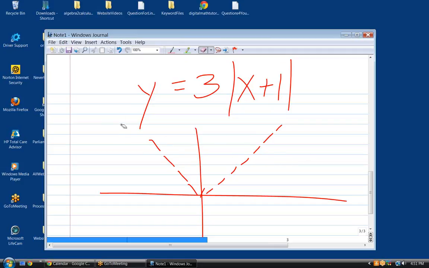Okay, so if I wanted to graph y equals absolute value of x plus 1, it would look exactly like the first one, only it would be shifted over 1 to the left. So that is absolute value of x plus 1. 3 times that?